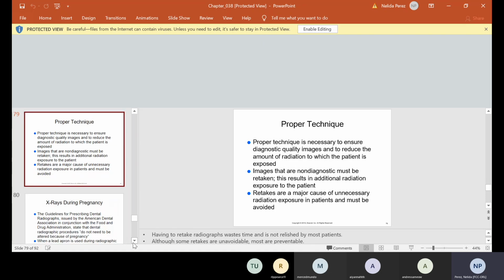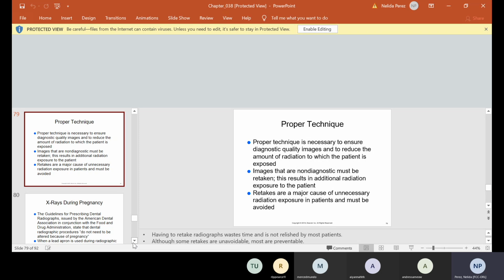By the book, the proper technique is necessary to ensure diagnostic quality images and to reduce the amount of radiation to which the patient is exposed. Images that are non-diagnostic must be retaken. So this is why you want to take the x-ray right the first time. Tell your patient to stay still for half a second, if that, because if they move, or if you don't place it right, you're going to need to retake it.